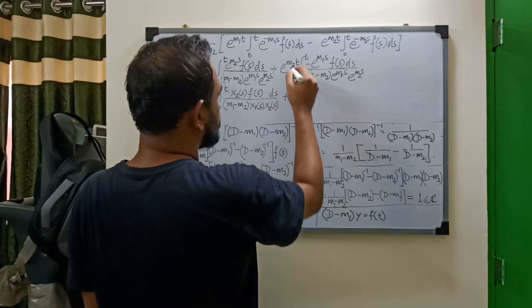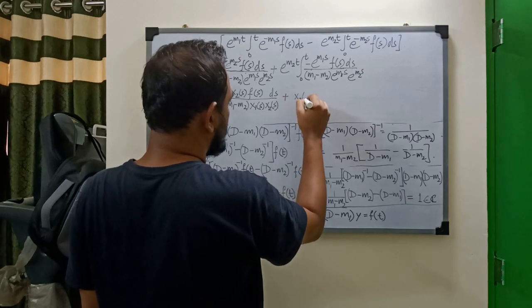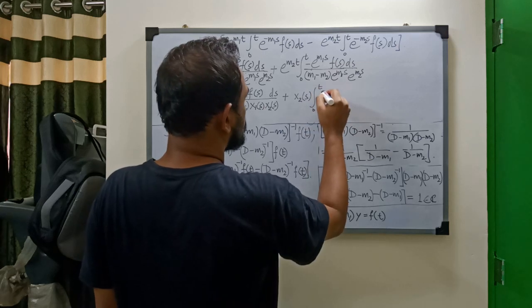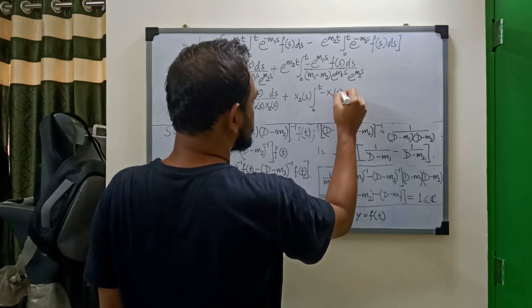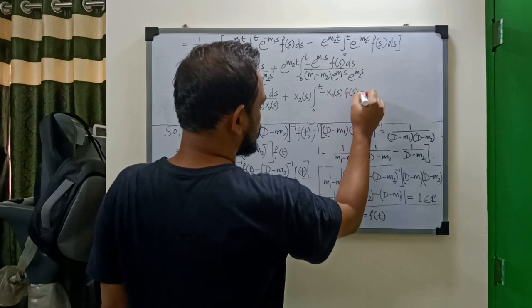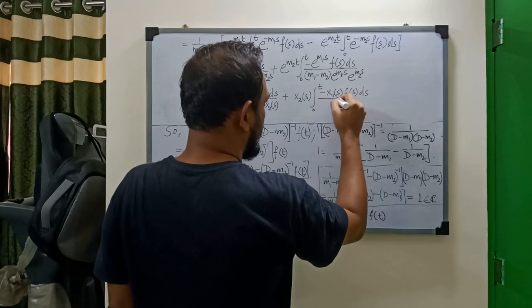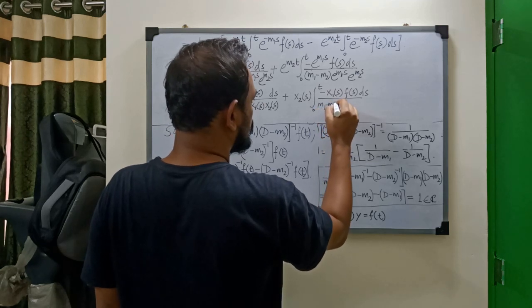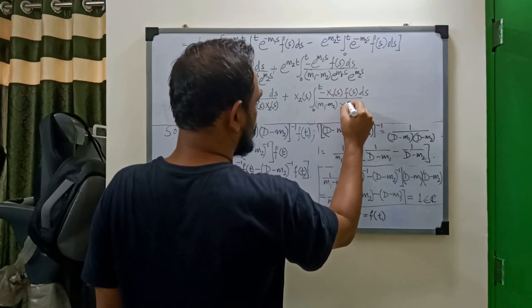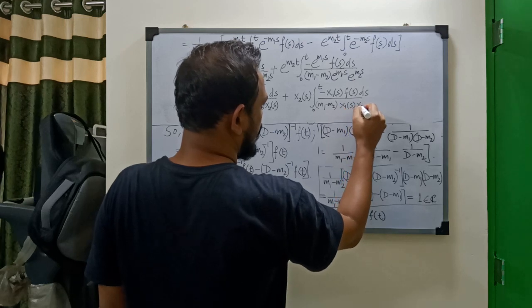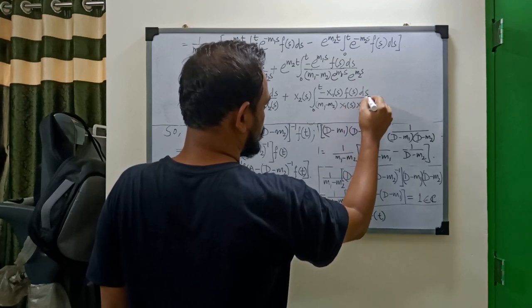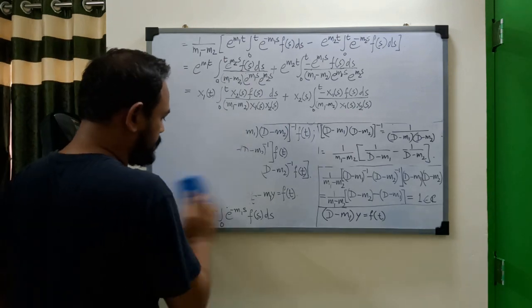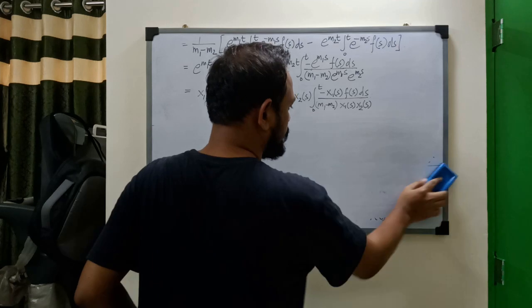And for this one, this is going to be x2(t), 0 to t, minus x1(s) f(s) ds, and this is going to be m1 minus m2 times x1(s) x2(s). Okay. Now I'm rubbing this out because I don't have the need for this anymore.